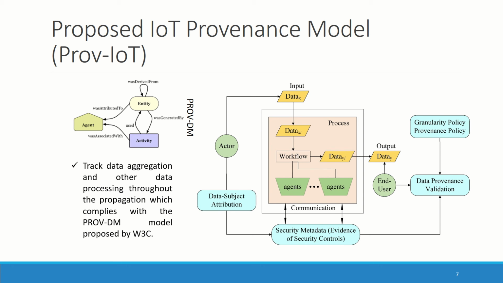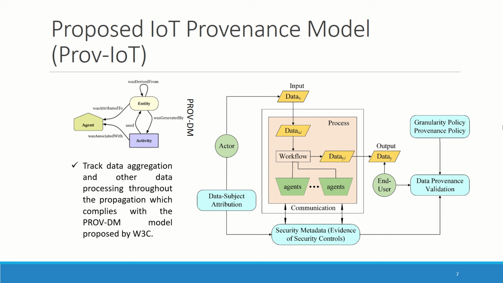Therefore, a granularity policy in the Prov-IoT model limits the detail of provenance information used for validation. And the provenance policy is the basis for data provenance validation by the end user. So this is the information that should be gathered by the Prov-IoT model, and the data provenance validation should give some kind of validation to the end users at the end.